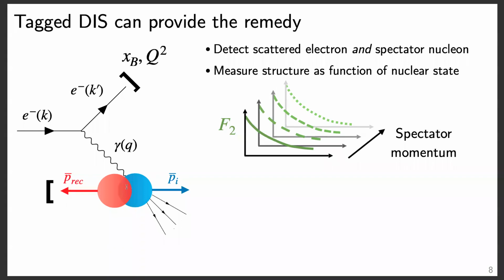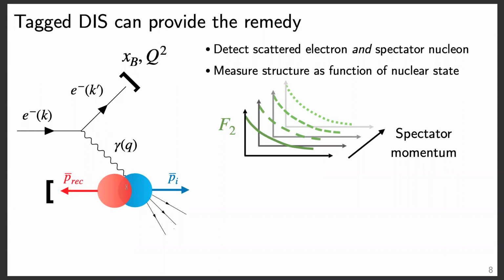And the second thing is that deuterium is a relatively simple two-body system. And so you have these two nucleons that are always correlated. So if you measure the outgoing spectator, you're able to reconstruct what the momentum of the initial nucleon within the nucleus was.